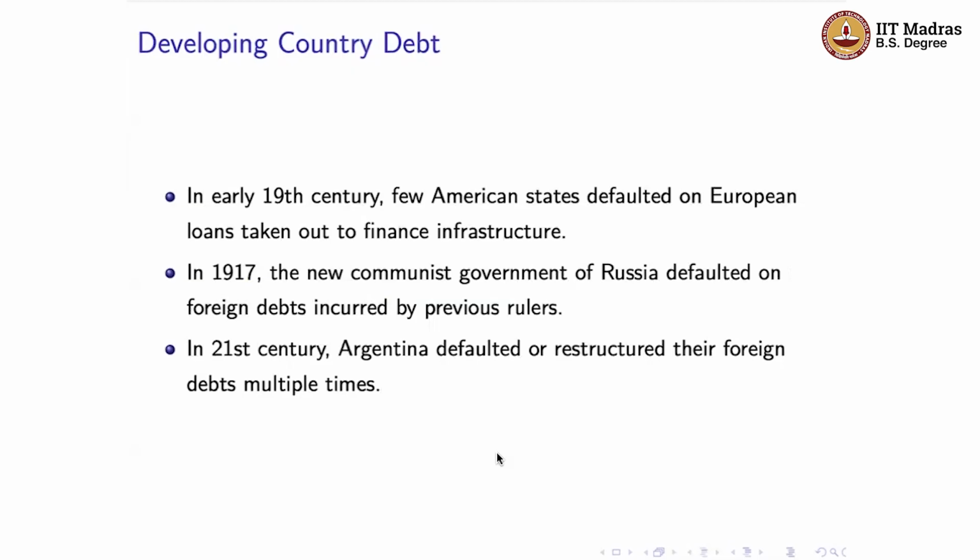Then again, in the 20th century, in 1917, the new communist government of Russia defaulted on foreign debts which were incurred by the previous rulers of Russia. And as examples from this century, you have Argentina, which has often defaulted or restructured its foreign debts multiple times, right? Restructured basically means that they were unable to pay back, and then they entered a negotiation saying, okay, we cannot pay back these debts. Again, something we have seen in South Asia recently as well, Sri Lanka a few years back.